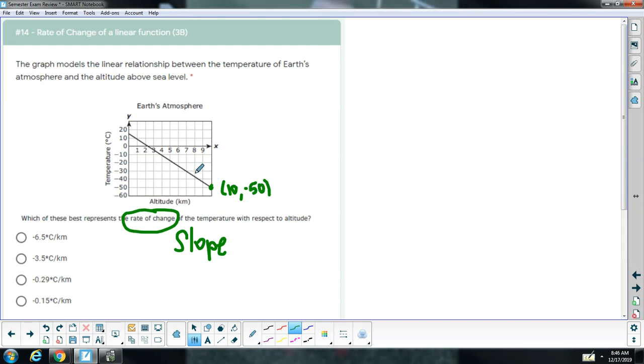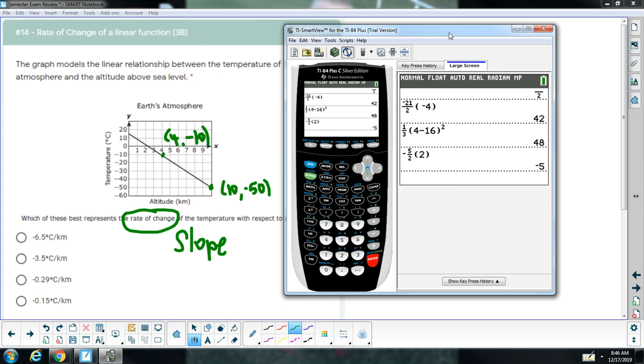And then this one's kind of close. It's not really there. It's close enough. Let's do 4, negative 10. So in my calculator, I'm going to use those 2 points to find my slope.